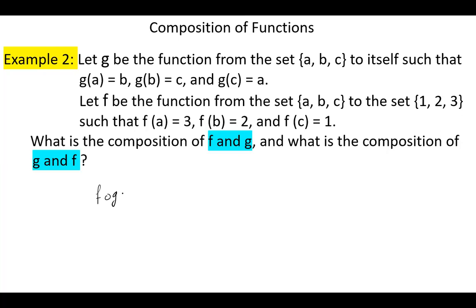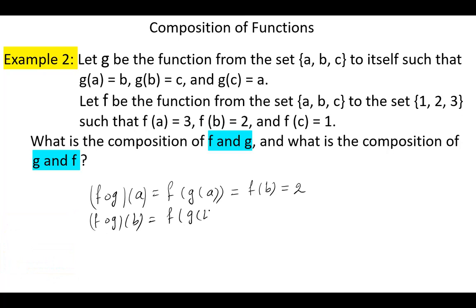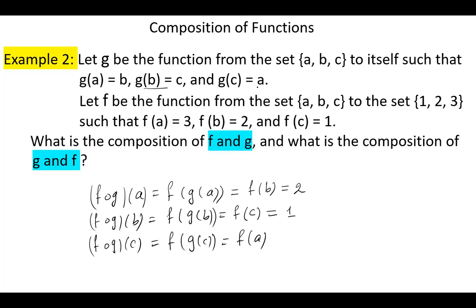The composition f compose g is defined by (f compose g) of A equals f of g of A. g of A equals B, so this equals f of B, and f of B equals 2. (f compose g) of B equals f of g of B, and g of B equals C, so we have f of C, and f of C equals 1. (f compose g) of C equals f of g of C. g of C equals A, and f of A equals 3.